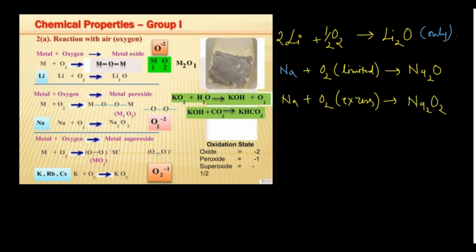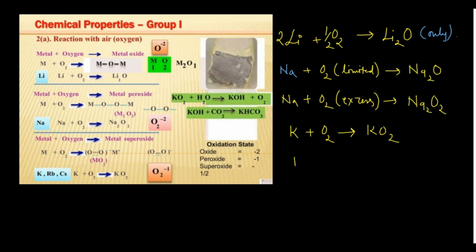Na2O2. Please remember. And your other alkali metals, like potassium: generally if you treat potassium with oxygen, it will form your superoxide, superoxide meaning KO2.